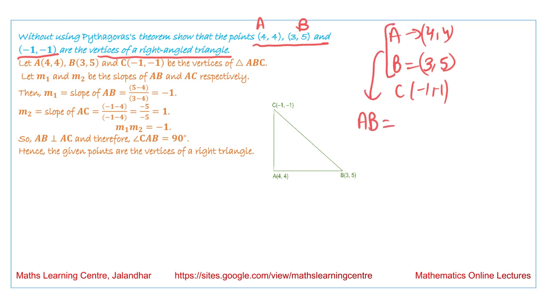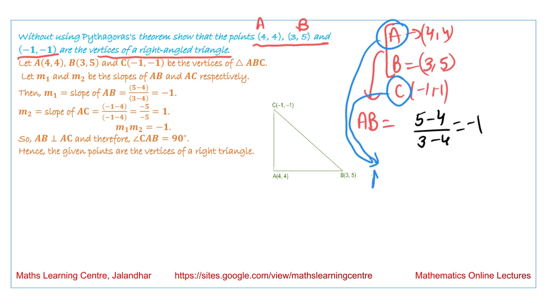The slope of this line will be given by (5 minus 4) over (3 minus 4), that is equal to minus 1. If we calculate the slope of the line AC, it is (-1 minus 4) divided by (-1 minus 4). The answer we obtain is 1.